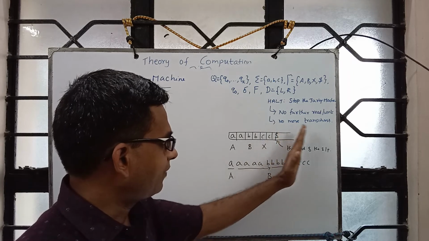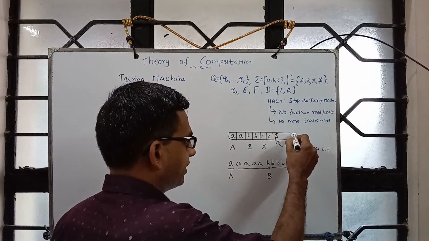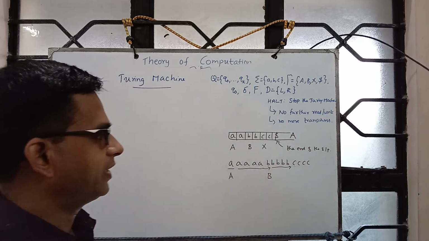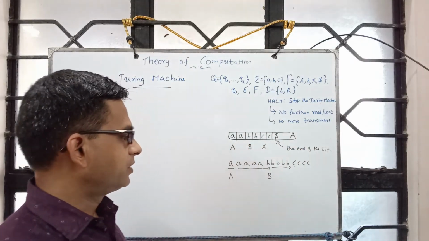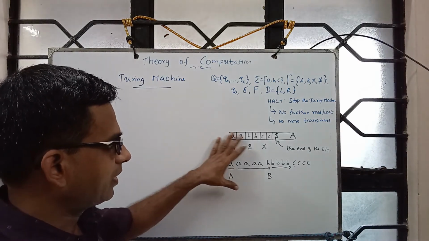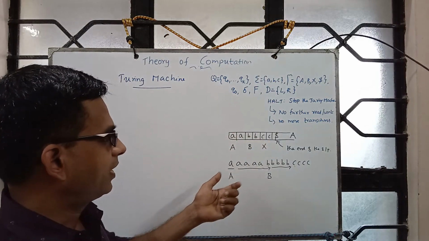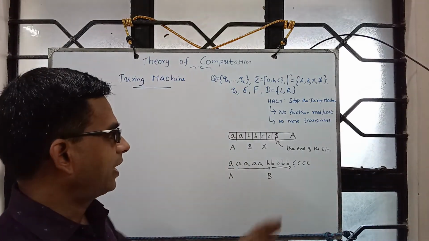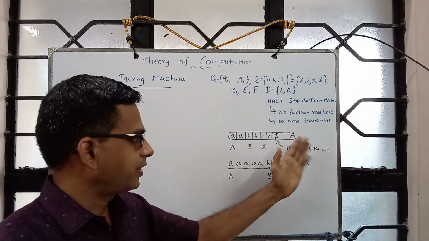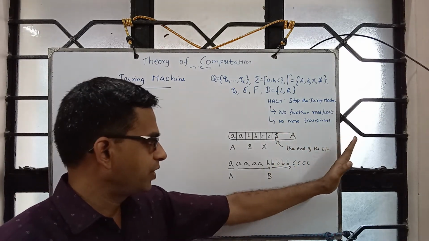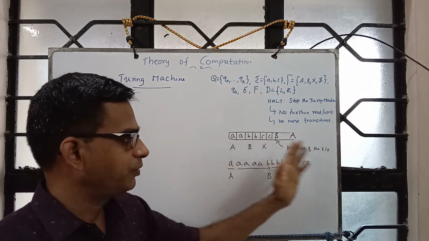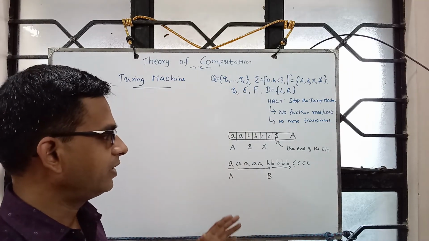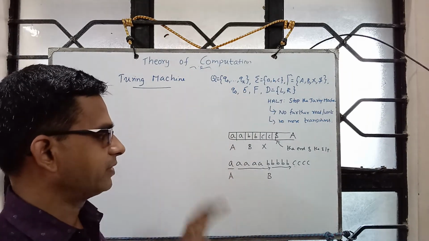You can move right after dollar in case you want to write something like capital A, and then you can come back and proceed with the next iteration. So it's a framework. We come up with appropriate notations, and with this notation we describe how the machine works. And this additional storage, you can read from left to right, you can also read from right to left, meaning you can see it as a queue, you can see it as a stack. In whatever way you want to read or access, it is permitted.